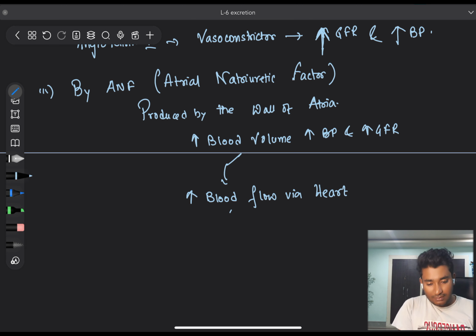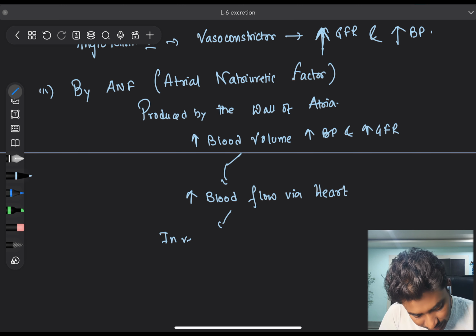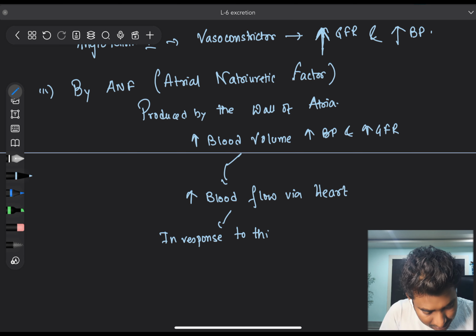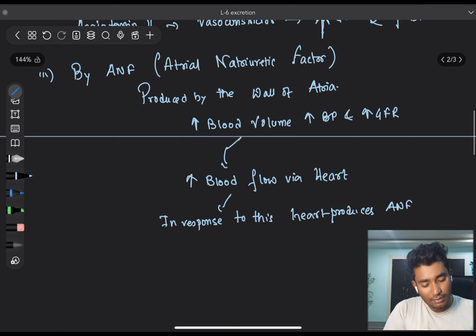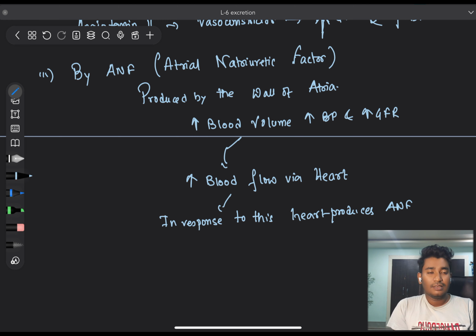In response to this, the heart produces ANF. When the RAS system is in action, the blood pressure goes up, the GFR goes up, and the blood volume goes up.